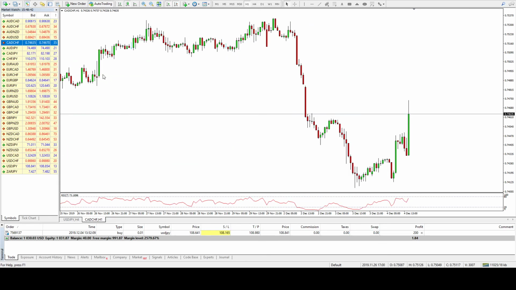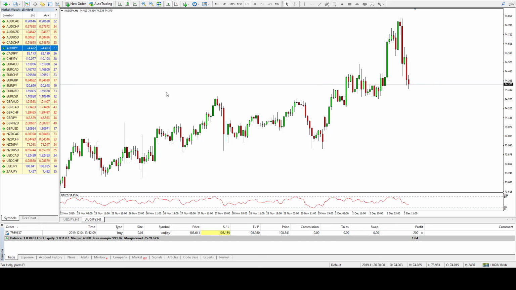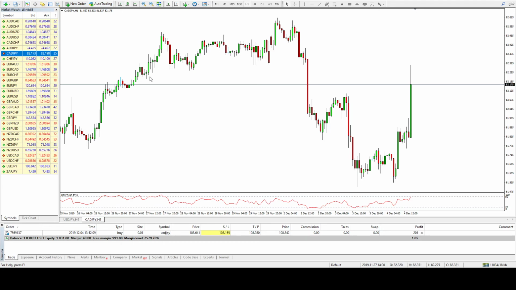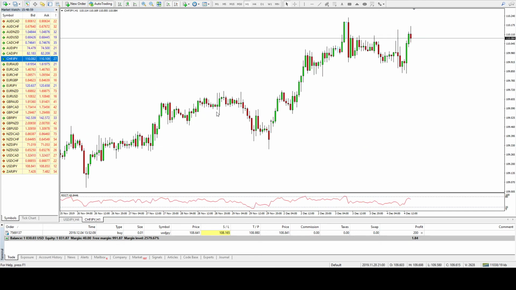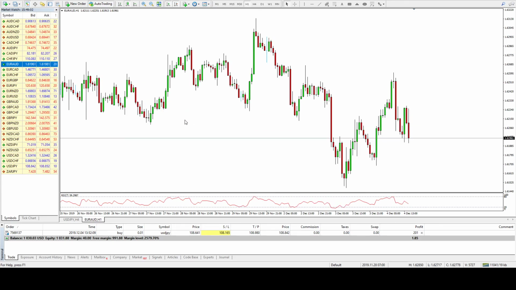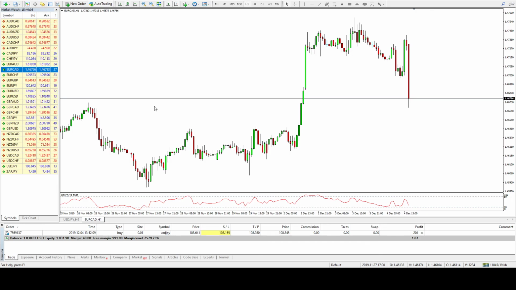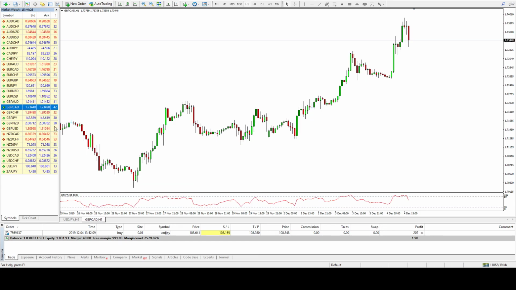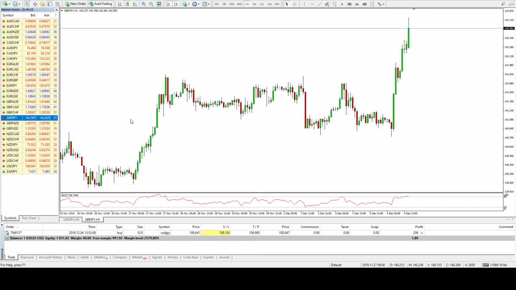Okay, CAD CHF, Aussie yen, CAD yen, Euro AUD, Euro CAD, what a move.